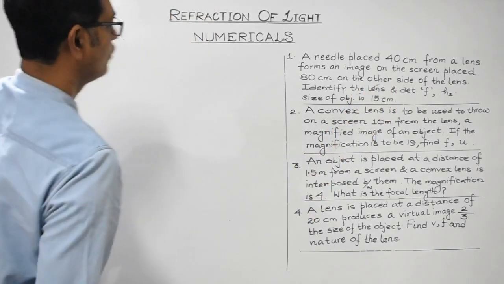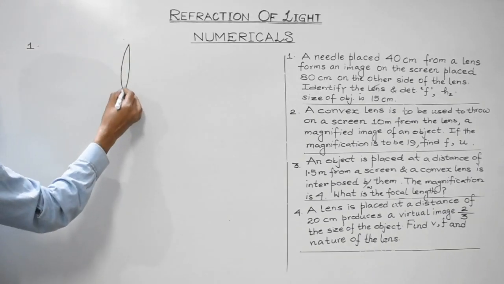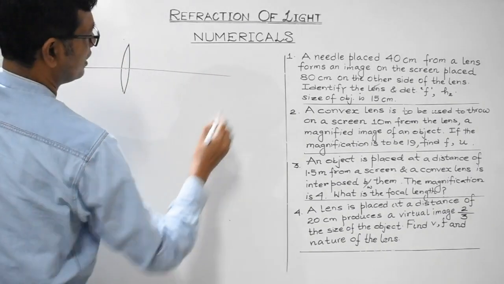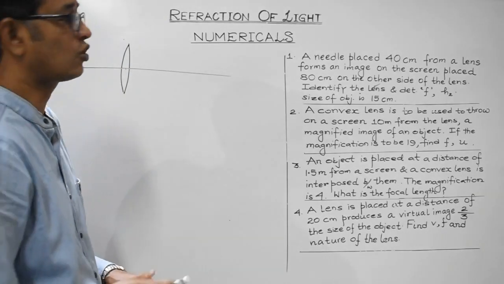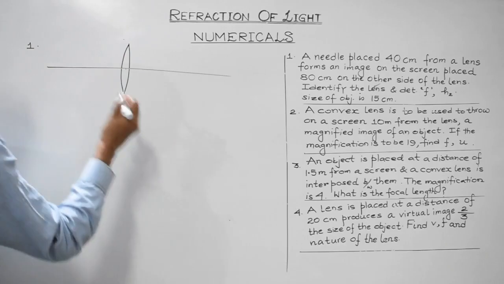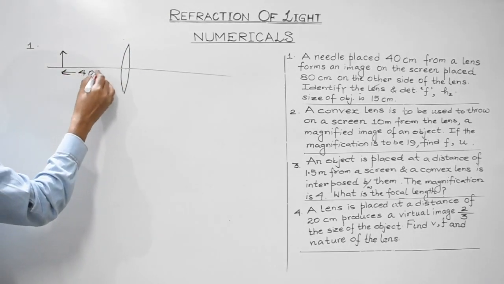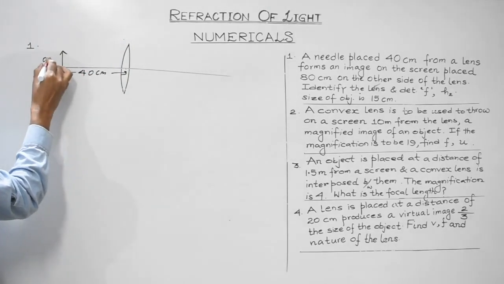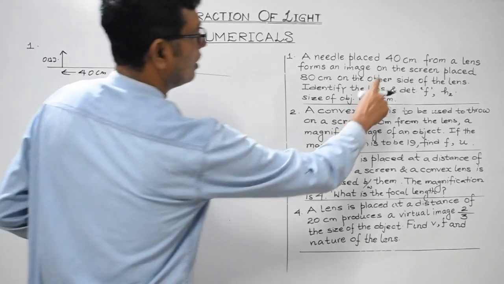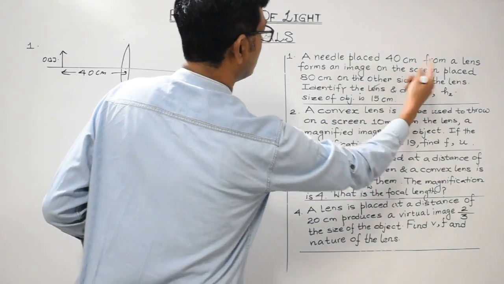It's a convex lens, so you can draw a rough diagram. You need not draw the entire ray diagram, just a rough diagram for your reference. So it's a convex lens. A needle is placed 40 cm from the lens. So this is the needle, this is the object, placed 40 cm away. It forms an image on the screen placed 80 cm on the other side of the lens.